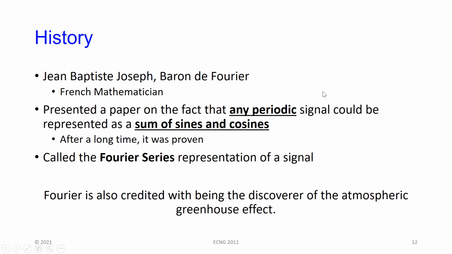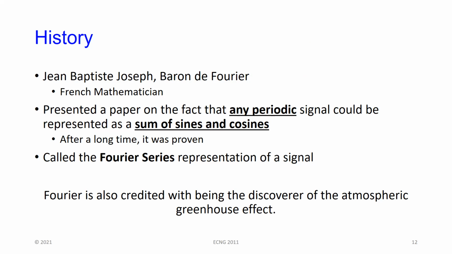This now was actually discovered by this person that you met a little while ago in another course, Joseph Fourier. He was a mathematician, and he was the one that came up with this startling thing: that any periodic signal, in other words, a signal that repeated itself identically in time, and that is the important thing, the signal must repeat itself identically over some interval of time, could be represented as a sum of sinusoids, meaning sines and cosines.